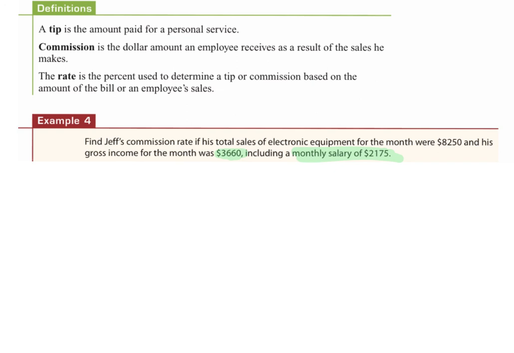I'm going to subtract: 3660 minus 2175. What do I get? 1485. So that's how much he made in commission.